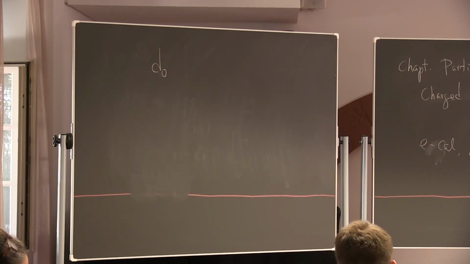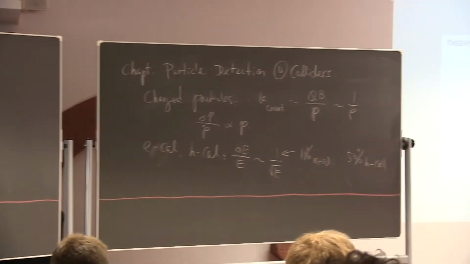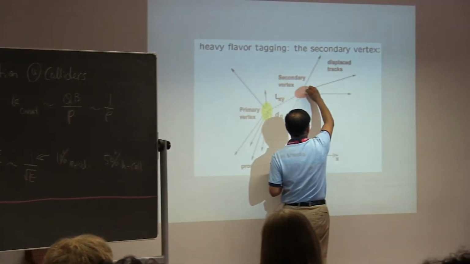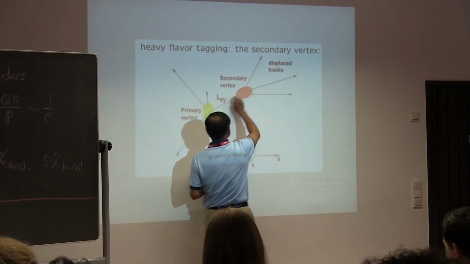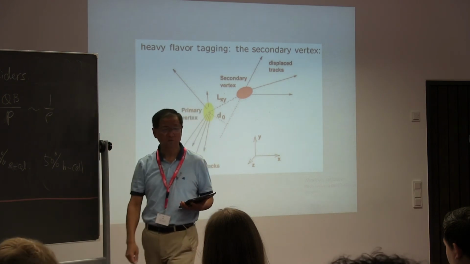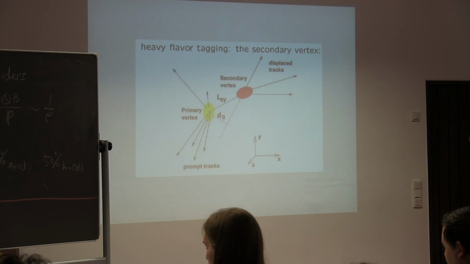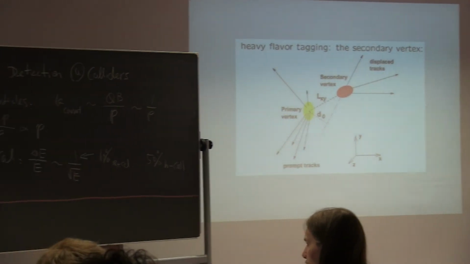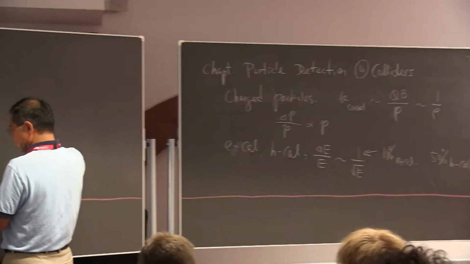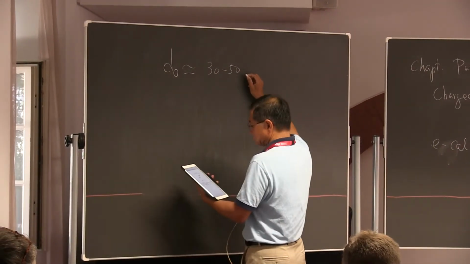Those charged tracks eventually you can trace back. You find they don't go back to the primary vertex. If you have two charged tracks, you can track this back. They meet here, so displaced from the primary production vertex. So that's called a displaced vertex. So that resolution is roughly about microns. In fact, 30 to 50 microns. I think now it's better than that.